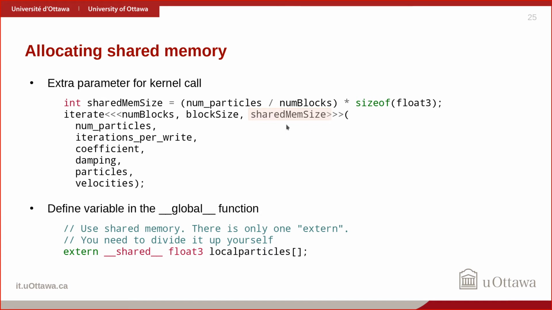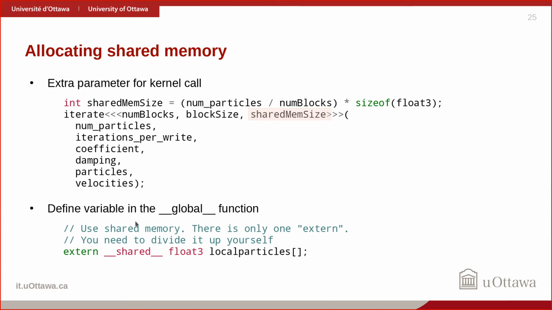And that's how much of the shared memory you would like to use per block. The calculation for that is the number of particles divided by the number of blocks times the size of float3. So the particles are divided over all of the blocks, and you have so many particles per block. And that's the amount of shared memory that we want to use.